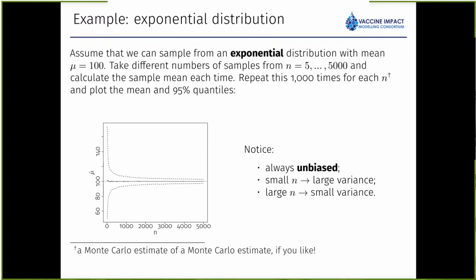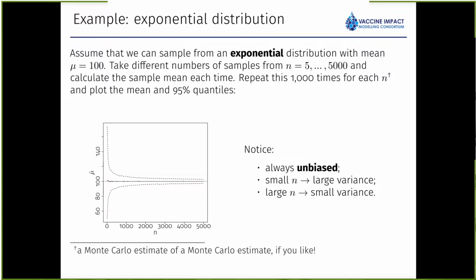Okay, so here's an example from an exponential distribution. In this case, what I've done is I've drawn random samples from an exponential distribution with a mean of 100. In this example, I know what the true value is because I'm using that to simulate. And what I've done is I've firstly taken a sample of size 5 and calculated the sample mean, right?